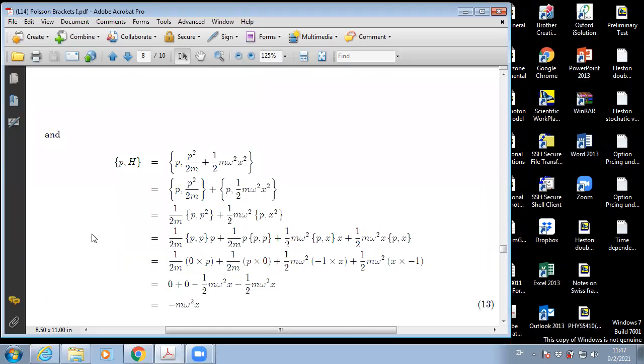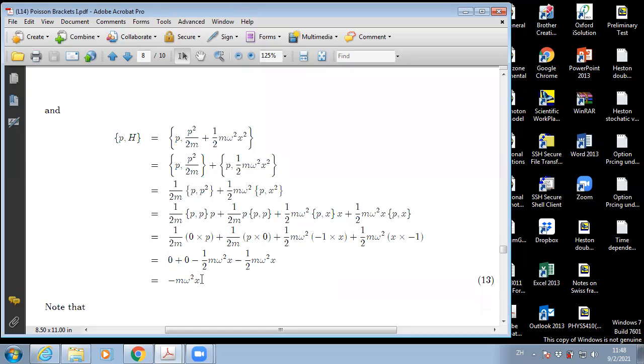We can do the same thing to determine the Poisson bracket between p and h. So we plug in the definition of h, then apply the distributive law of addition, and factor out the constants, and then apply the distributive law of multiplication, and apply the fundamental Poisson brackets between x p, x x, and p p, all right?